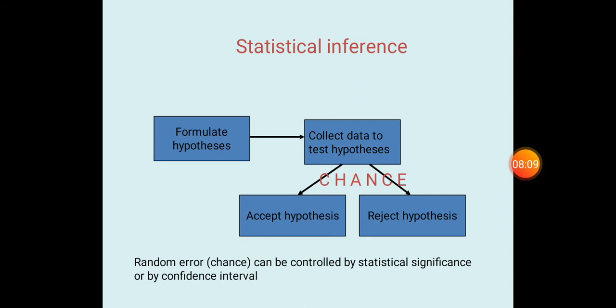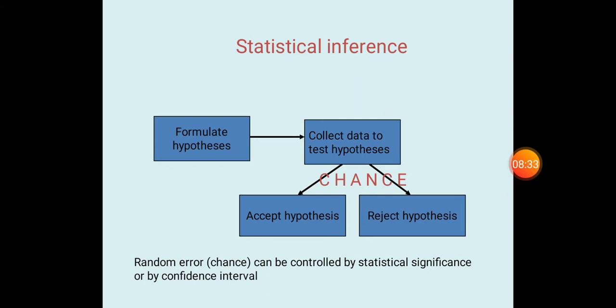After formulating the hypothesis, the next step is to prove that hypothesis. In order to prove it, what's the next step you need? You need to collect the relevant data from the sample which you have selected. That means there is one population and from that population you have selected the sample.